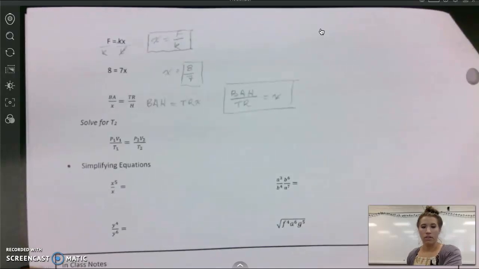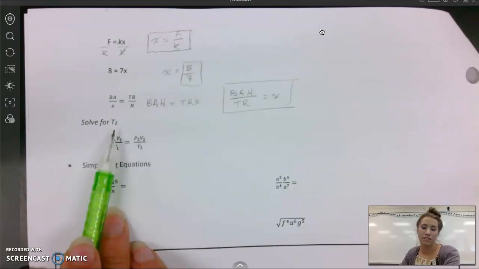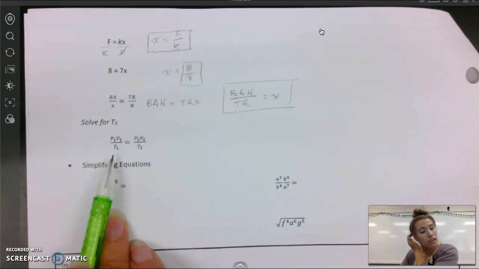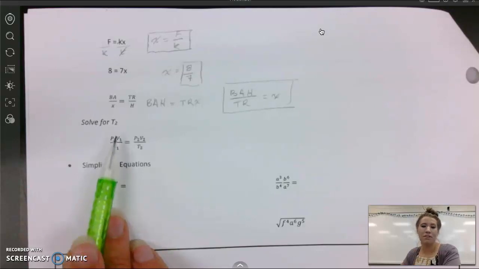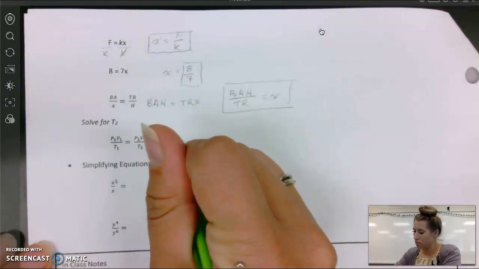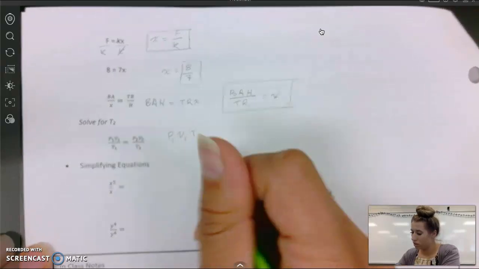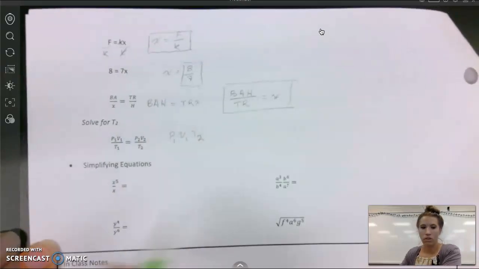Okay. Now for this one, it's asked us to solve for the second temperature component here. And so we're going to rearrange this equation to solve for T2. So let's cross multiply again. So when we do that, we're going to have pressure 1, volume 1, temperature 2, because I'm cross multiplying.